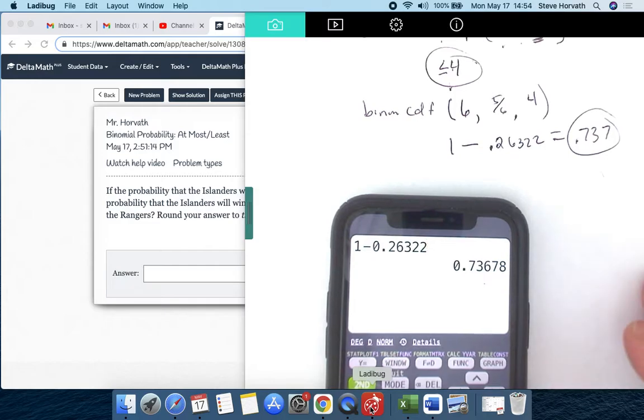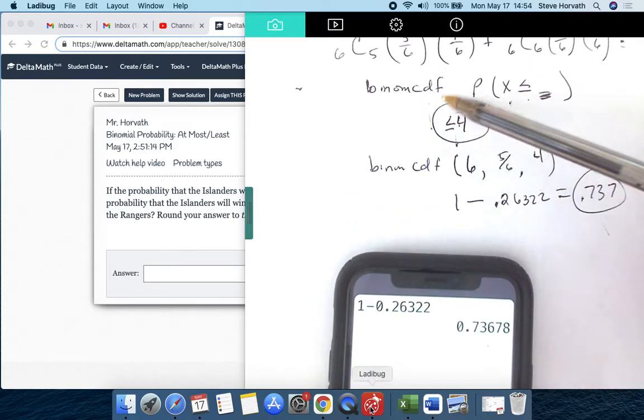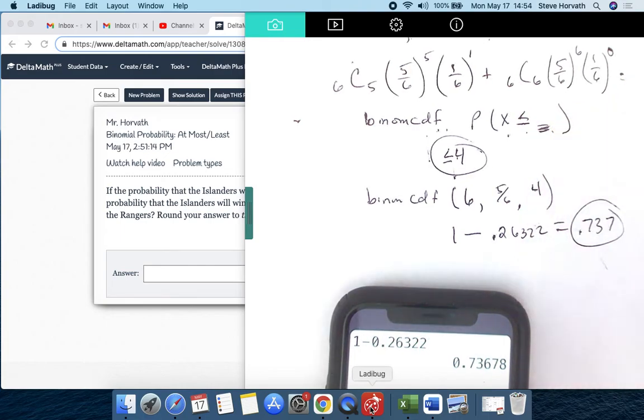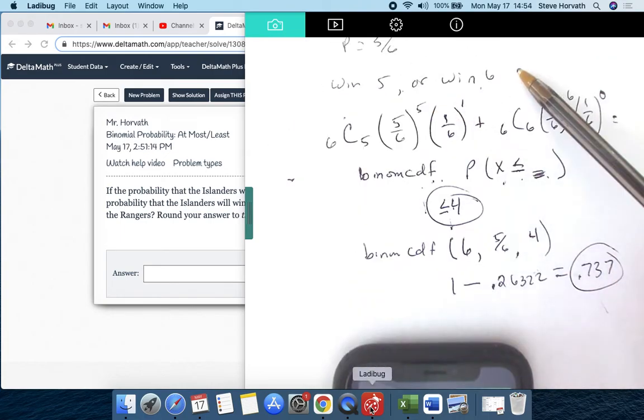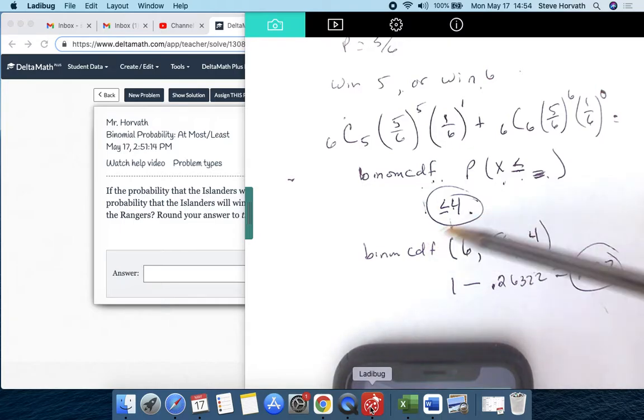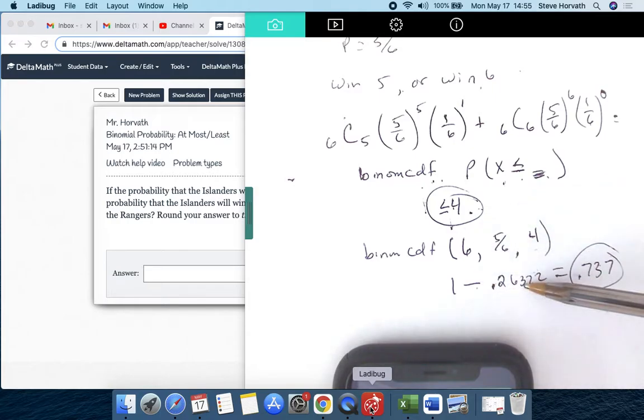Again, with binomial CDF, the cumulative, the at least or at most, we always have to put it in less than or equal to. So if we want 5 or 6 wins, that means we want 4 or fewer losses. We calculate the 4 or fewer, the opposite of what we wanted, and then subtract it from 1. So we get 0.737.